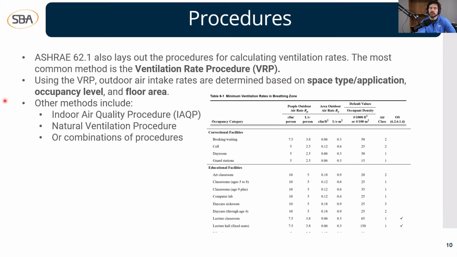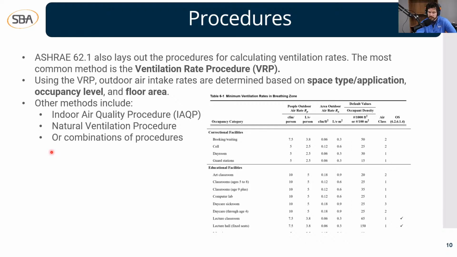Now, one of the most talked about sections in ASHRAE 62.1 is how to calculate how much air you need. And the standard gives us 3 different methods. Our most common method is our VRP, or our ventilation rate procedure.